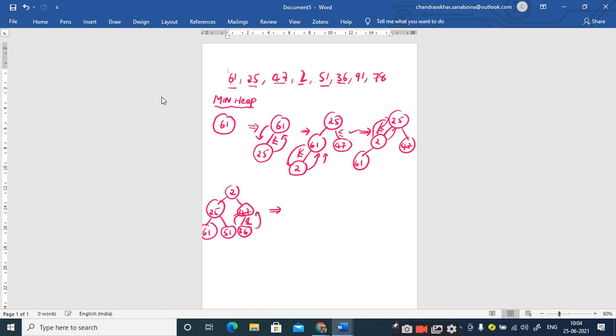So after the swap I get the heap as 2, 25, and here I get 36, and here 61, and here it is 51 and 47.